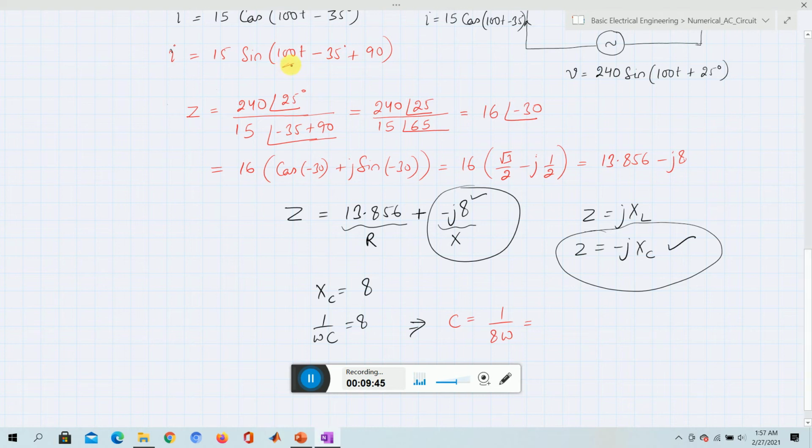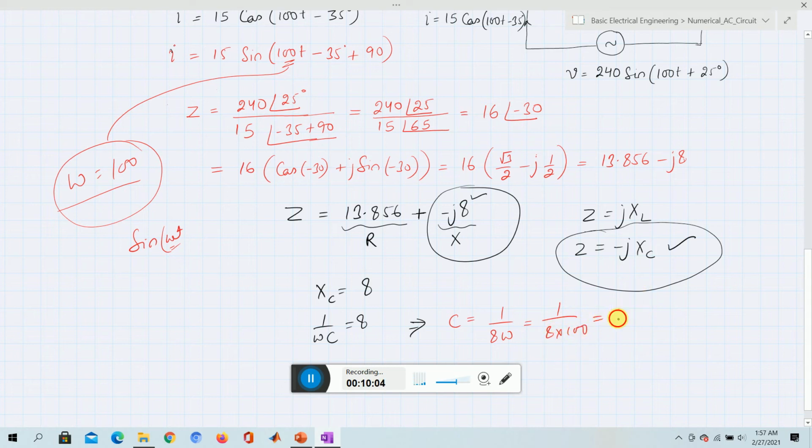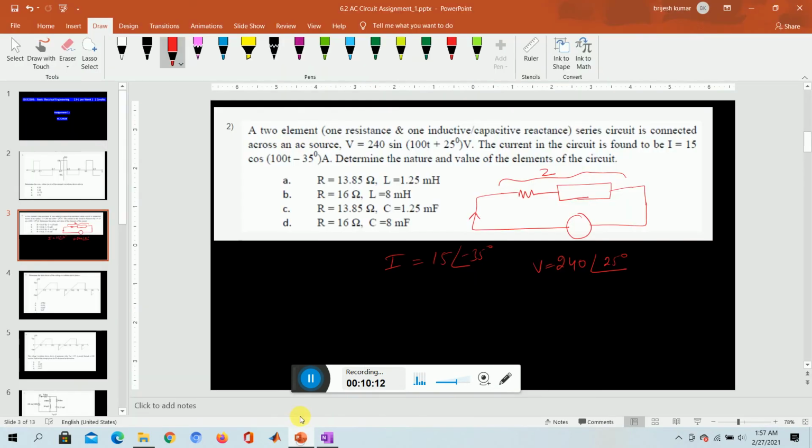We can take it from here. Omega is equal to 100, because we are writing sine of omega t. So this omega is 100 here. So we will write here 8 into 100, and this comes out to be 1.25 millifarad. So we get the answer 1.25 millifarad.